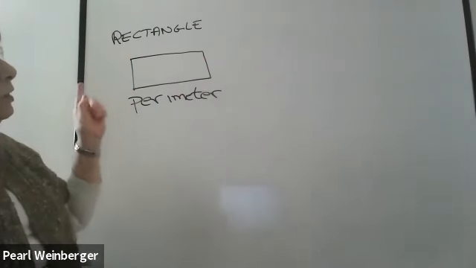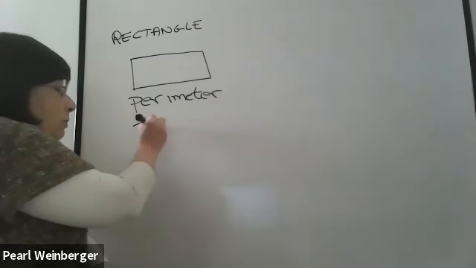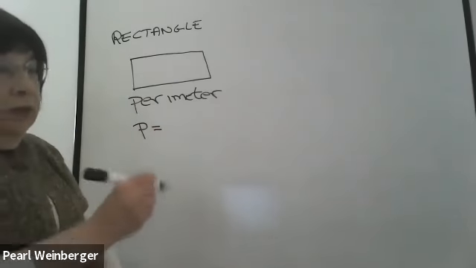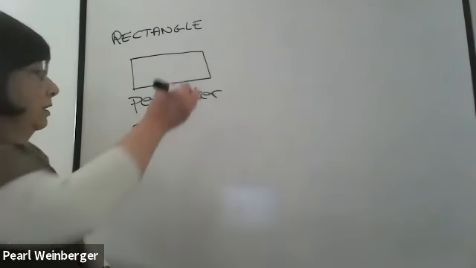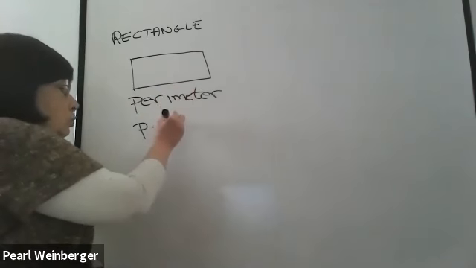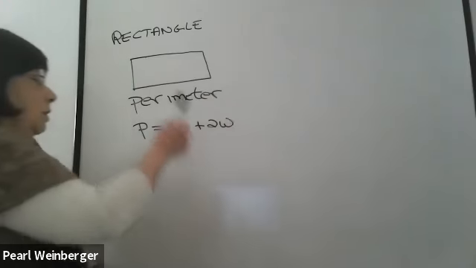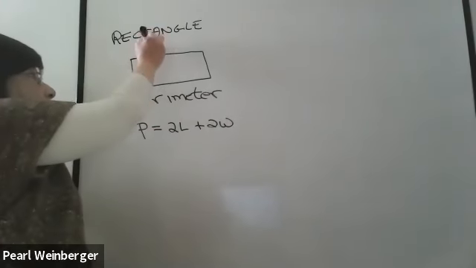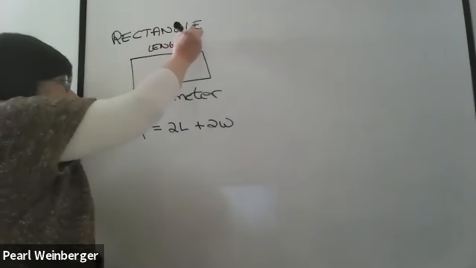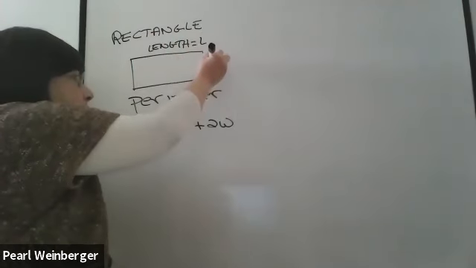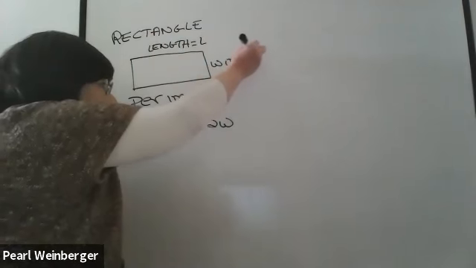And in terms of a rectangle, the formula for the perimeter, we can either do it by formula or we can do it just by looking at it, is equal to 2L plus 2W. L standing for the length of the perimeter, and W standing for the width of the perimeter.